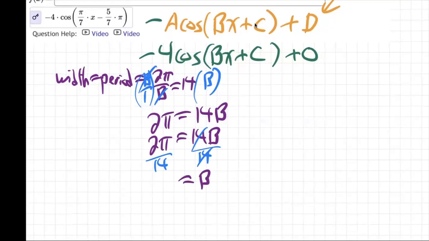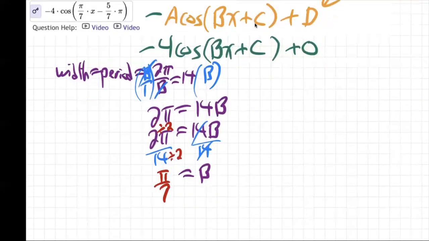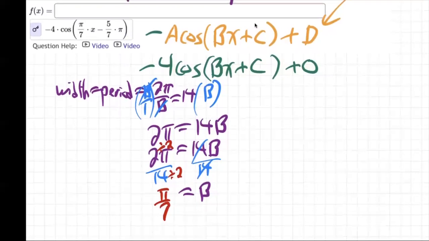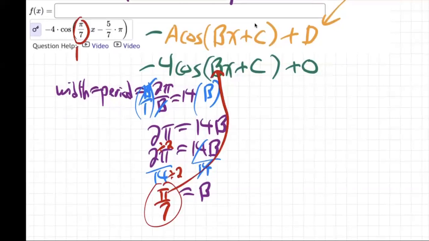Let's reduce that fraction. Divide by 2, divide by 2, top and bottom. It's going to be pi over 7. There's our B. So our B is pi over 7. So that's our B, which goes right there, pi over 7. So you can see it's right there. There's the B, there's our A, and our D is just 0.